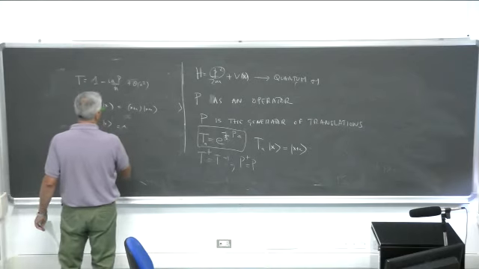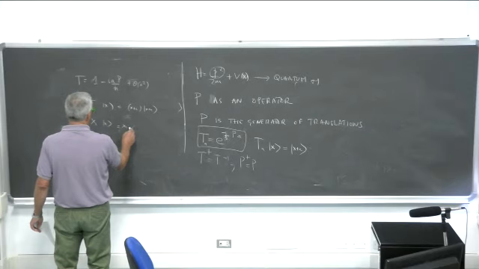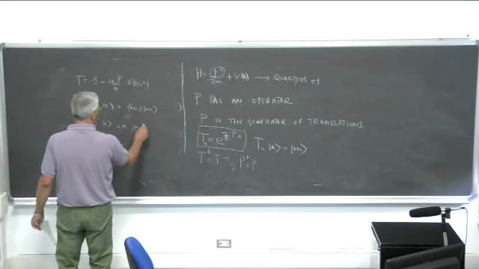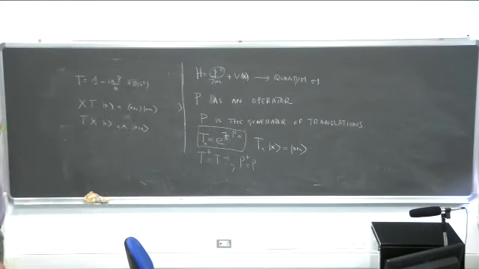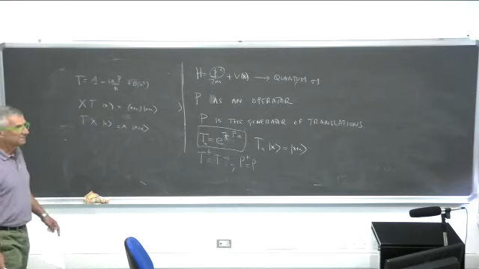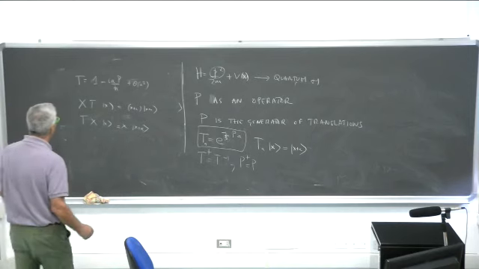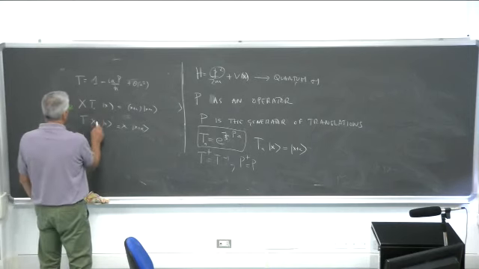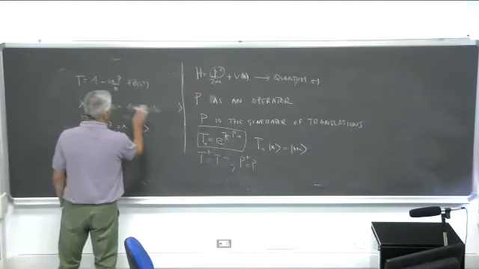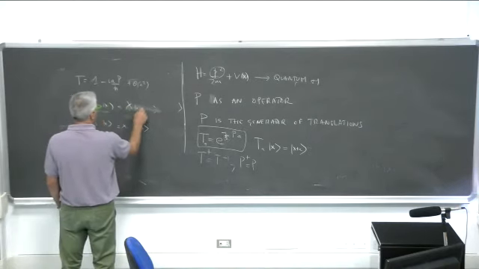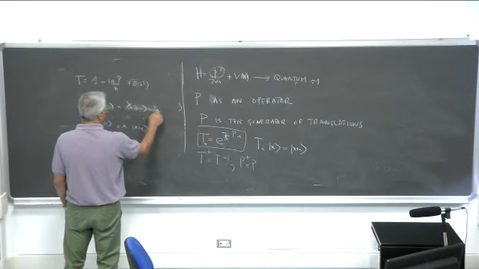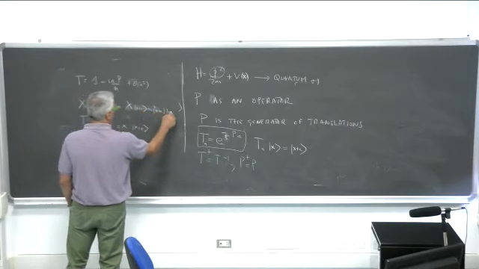I can take it out, small x, and this is X plus A. You agree? I repeat it again: because this shifts, this is X times X plus A, and this is X plus A times X plus A, right?